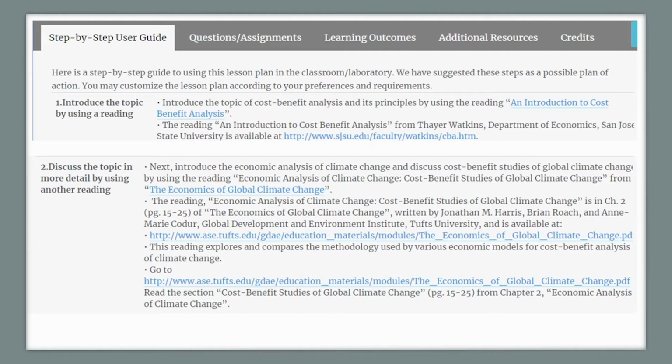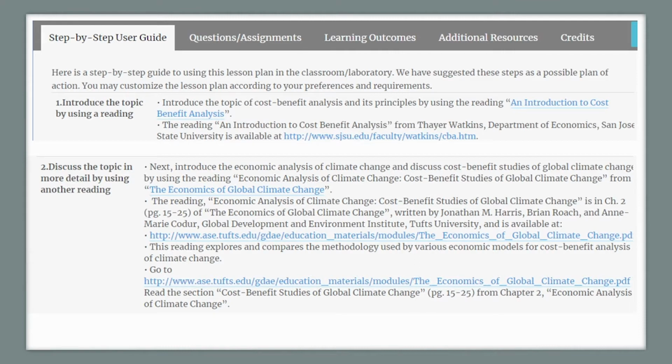Next, introduce the economic analysis of climate change and discuss with your students the cost-benefit studies of global climate change. You can use the reading titled Economic Analysis of Climate Change, Cost-Benefit Studies of Climate Change from a reading titled The Economics of Global Climate Change.